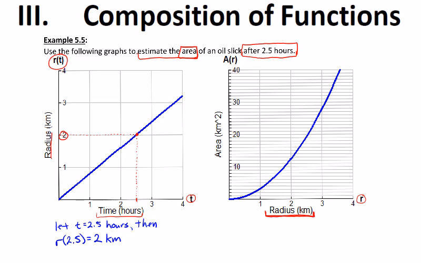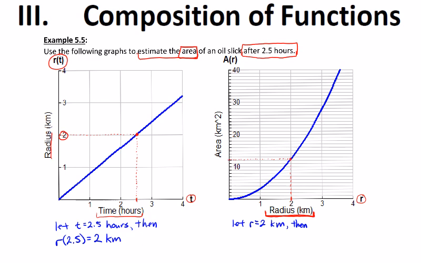So now I'm going to take the result that we just came up with, and I'm going to say let r be equal to 2 kilometers, and then there's going to be a result from there. So coming to 2, carry that up to the curve, and then translate that over, and it's an estimate.